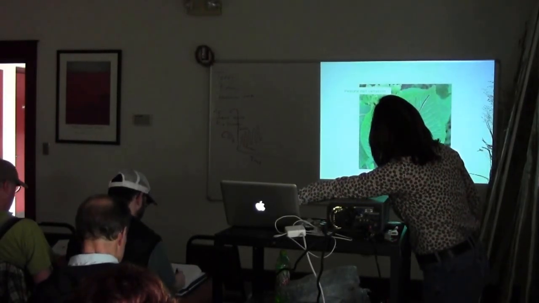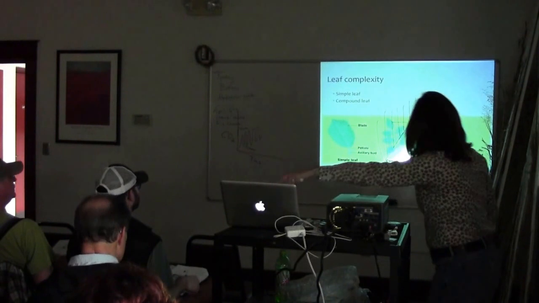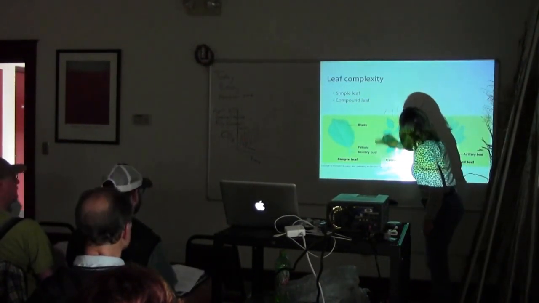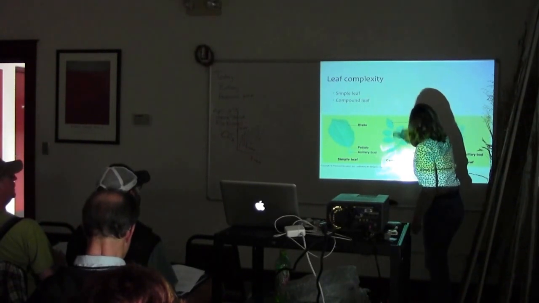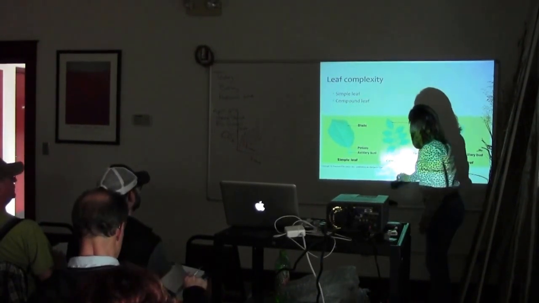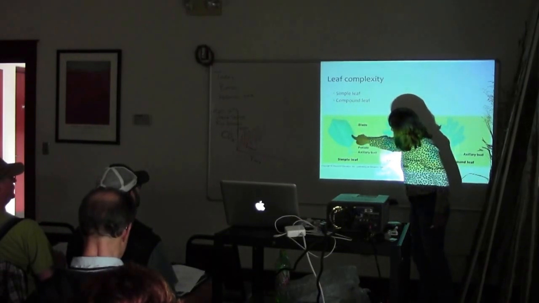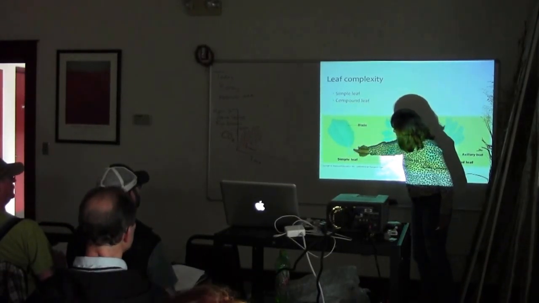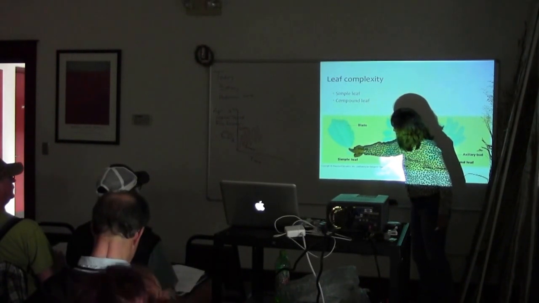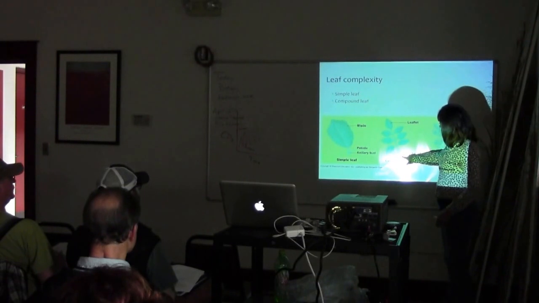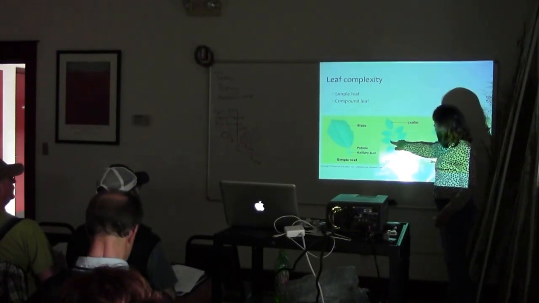Then you need to understand the difference between a simple leaf and a compound leaf. And this is where we go back to that bud at the axil. A simple leaf, seen here, will have one blade, one axillary bud, one petiole or stalk. And there's the axillary bud. A compound leaf will have several blades.